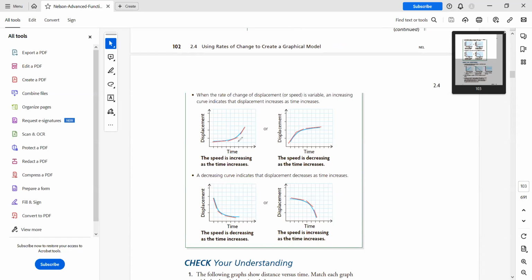Also, you have to remember that there are intervals where the speed is increasing. You see the angle becomes steeper and steeper with respect to time. And here, on the opposite, the graph becomes increasing slower and slower with respect to time because the angle is decreasing. The angle of this tangent line to the curve, right?